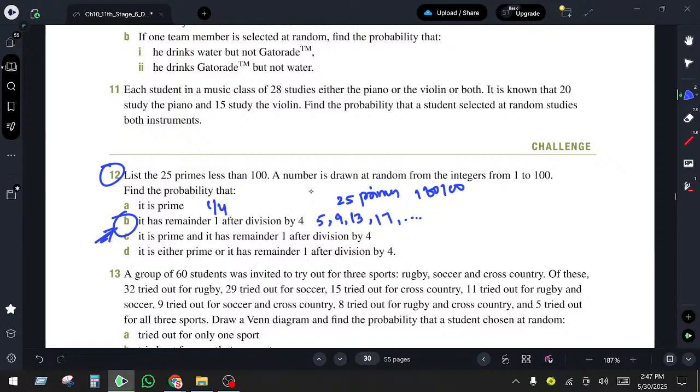There are 20 numbers like this. Not 20, I think 19 only.